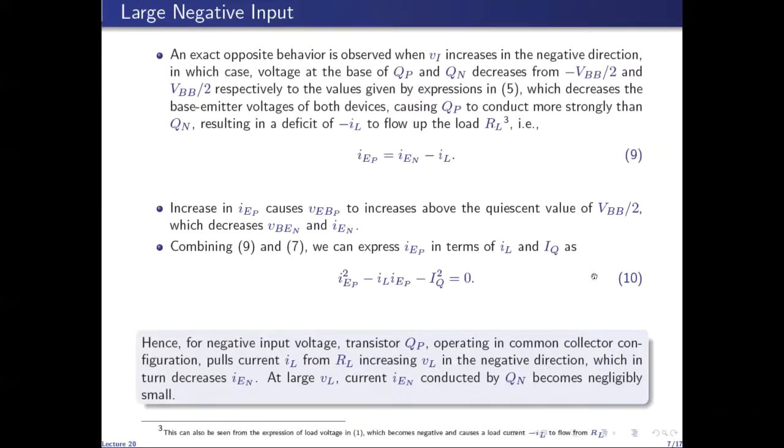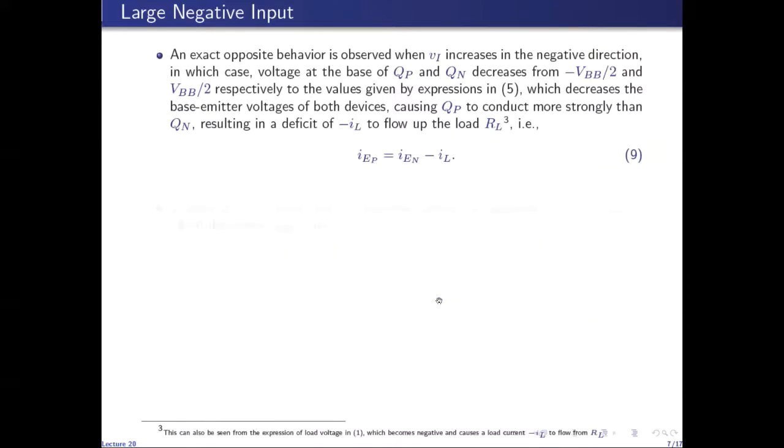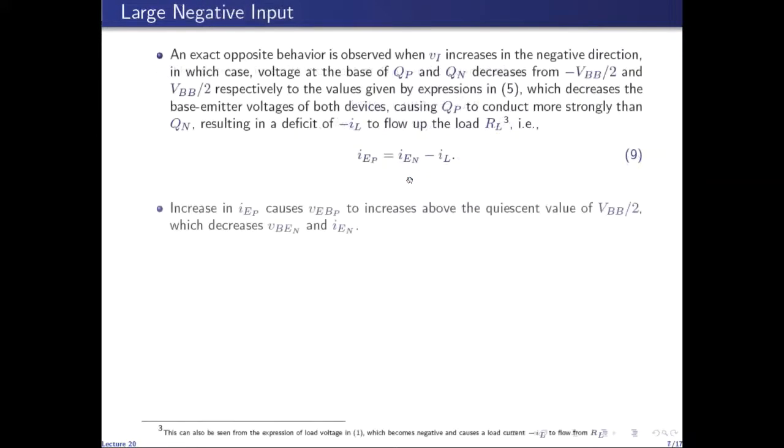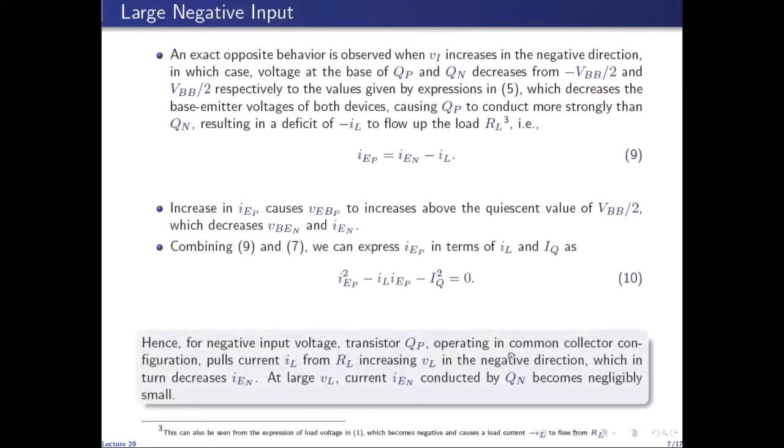And because minus IL is increasing, and minus IL plus IEN is equal to IEP, from this relation we see that since IEP is increasing, IEN will decrease. So increase in the load voltage in the negative direction will decrease IEN. And at large values of VL, the current IEN conducted by QN becomes negligibly small.